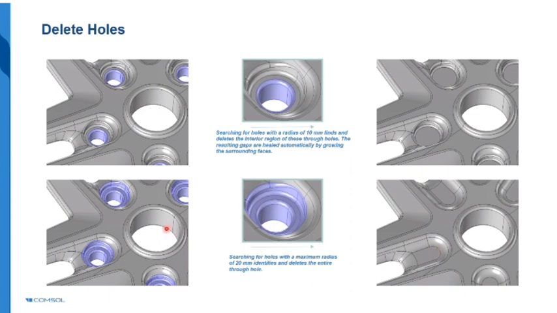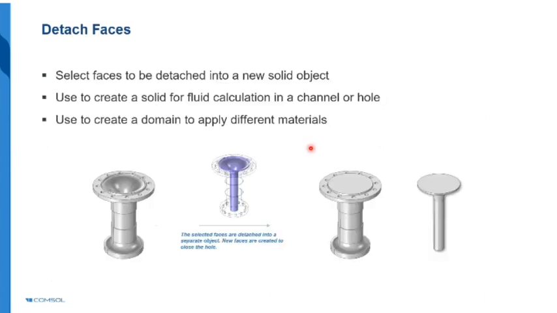So again, based upon which entities or details you want to remove, you need to use the features appropriately. Even with delete holes, you need to decide what radius to use, because of what features you want merged or healed, and accordingly you specify the details of the various operations that you are using.